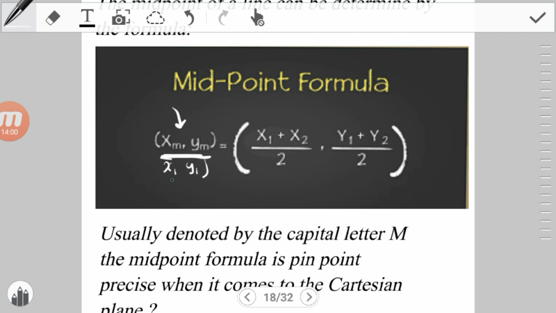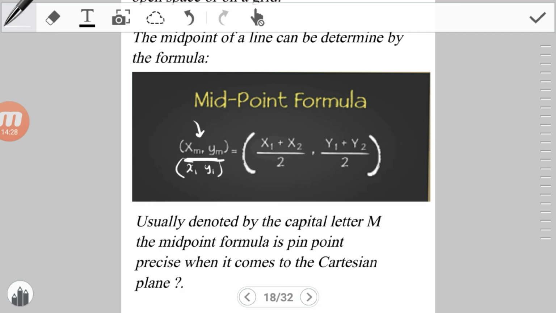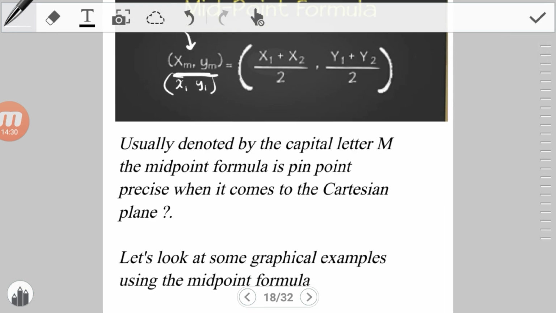So given that we have a point labeled x1, y1, or x sub m, y sub m, the midpoint formula is derived by the division of the x ordinate values by 2, comma y ordinate values by 2. So that's x1 plus x2 divided by 2, comma y1 plus y2 divided by 2. All right, so we've got to find some way, guys, to get that formula in our mental.